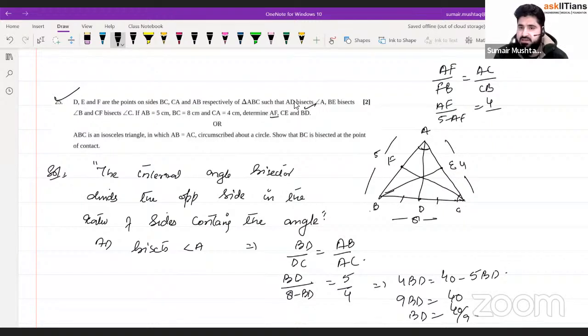What is CB? That is 8. Go for it. You can get AF as well. Is that okay? Yes, Sarah, any confusion? Now you can get AF here. After AF, you can apply the same formula to CE as well. Is that okay?